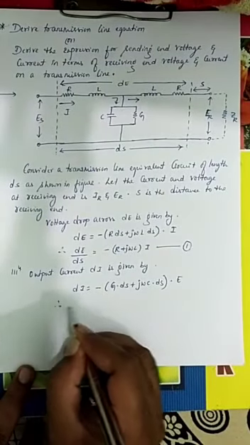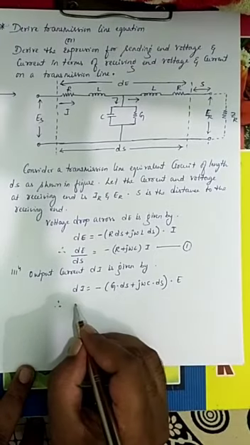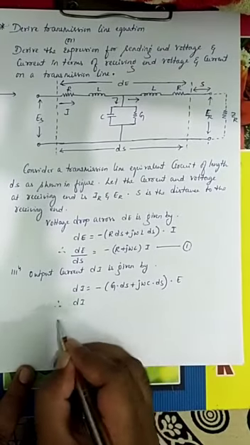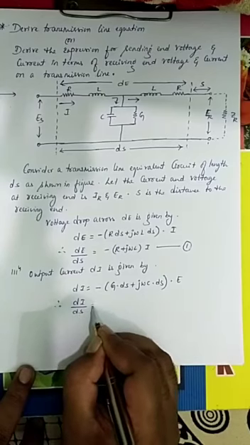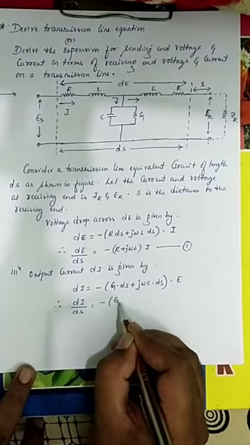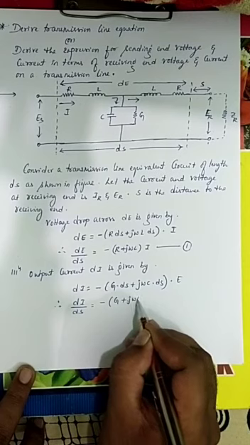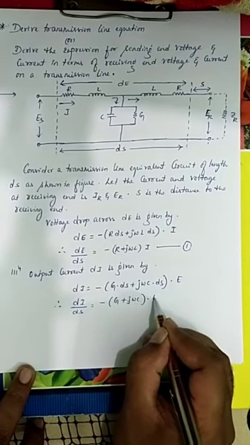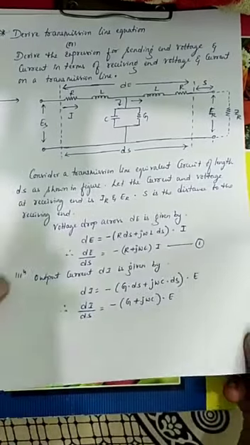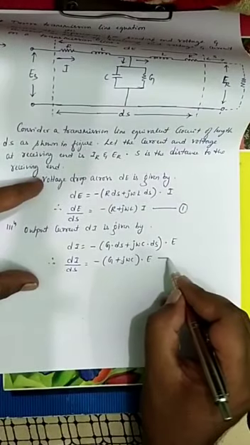Therefore, again taking ds common, dI by ds is equal to minus (G plus j omega C) into E. Let us say this is equation number 2.